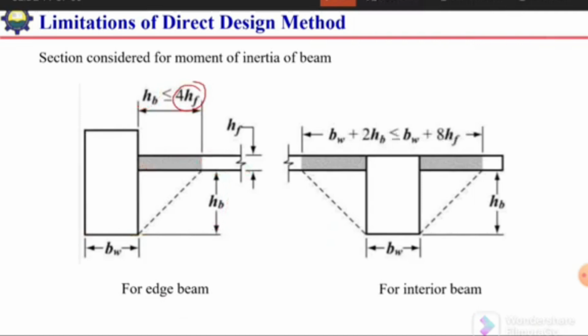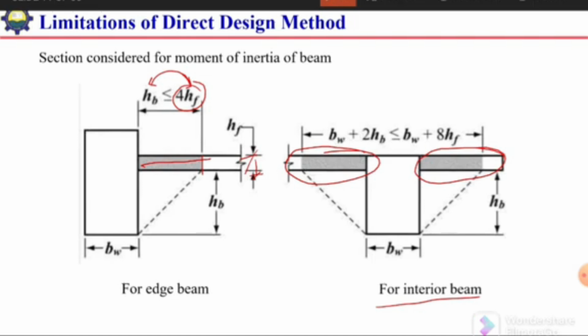And 4 times HF, where HF is the thickness of the slab. So we will use the smaller value out of these two. The smaller value will be the projection, or the part of the slab, which will be considered as beam. This is for edge beam, and for interior beams the same will be considered on both sides, because in case of edge beam we have slab only on one side, but in case of interior beams slab exists on both sides.